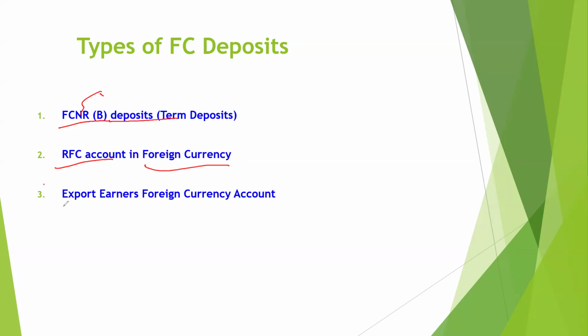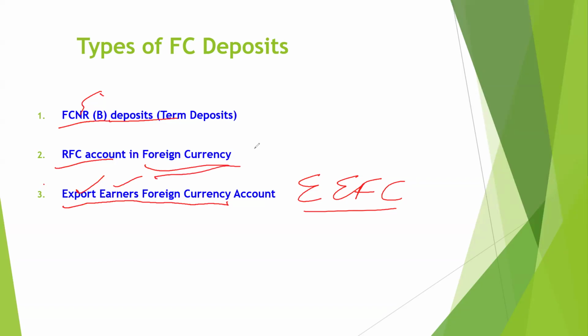And the third one is the export earner foreign currency account, which is also called EEFC. EEFC's full form is export earner foreign currency account. So these are the three types of account that can be opened in foreign currency.